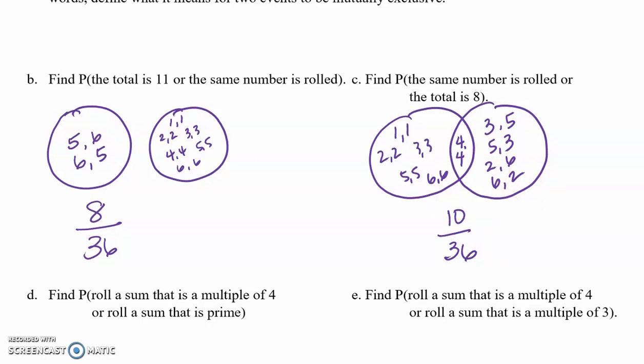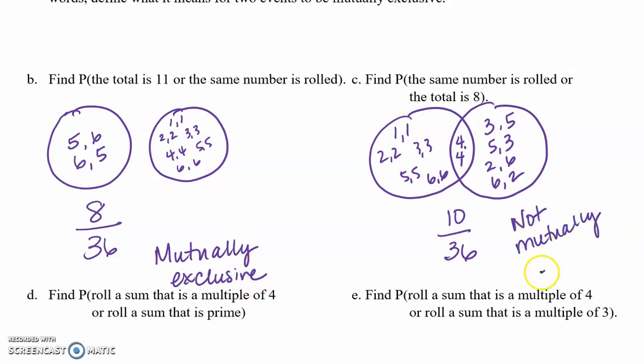Just as a reminder, we call these events mutually exclusive, and these events are not mutually exclusive. So if you could make a Venn diagram and if this is considered to be not mutually exclusive.